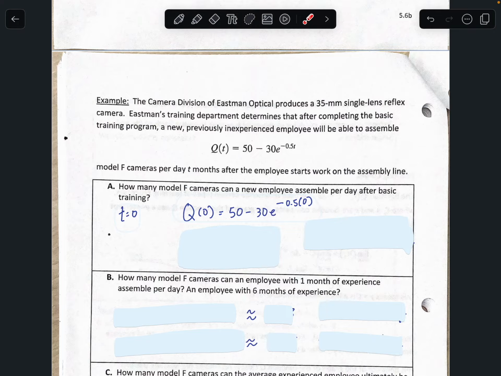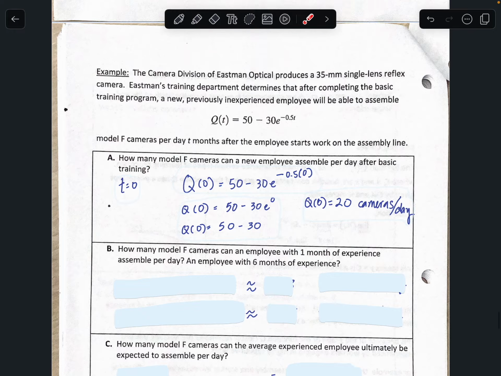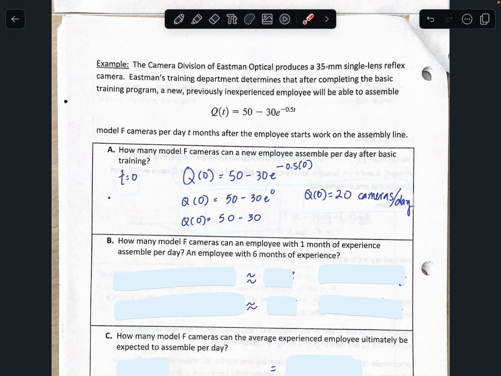We can simplify that power to get e to the 0, and anything to the power of 0 is 1. So we're really just doing 50 minus 30, which means when you're fresh into the job, new employees are probably going to be making 20 cameras per day. We're hoping to see growth as time goes on, that they are increasing their daily output of cameras. So hopefully we'll see more than 20 in part B.